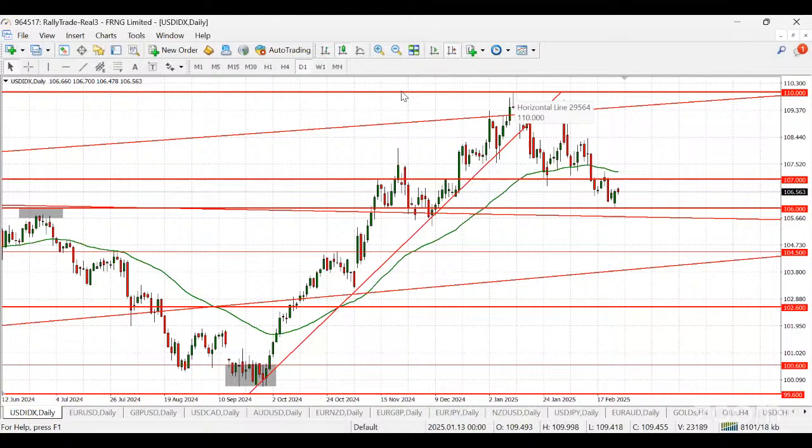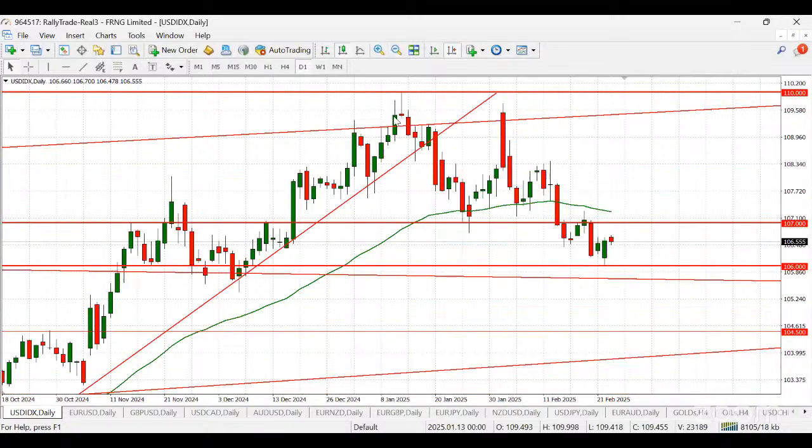So since we got that retest back at 110, we're seeing this move to the downside. Of course, it's been creating a series of lower highs and lower lows, all right? And then, as it is right now, it has been mostly sideways, all right? Price is now stuck in between these two levels: 107 resistance and 106 support.